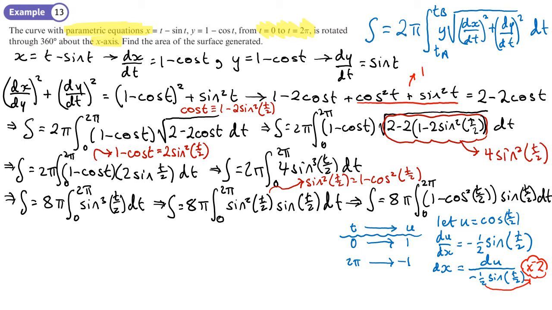So let's now make all of the substitutions. So s equals 8 pi times by, so we change the limits as well. The lower one is 1, the upper one is negative 1. 1 minus cos squared t over 2 becomes 1 minus u squared. And the sine t over 2 is not gone yet, but it will go in a minute when I substitute in my dt.